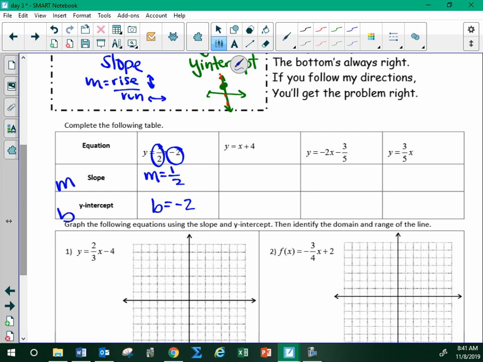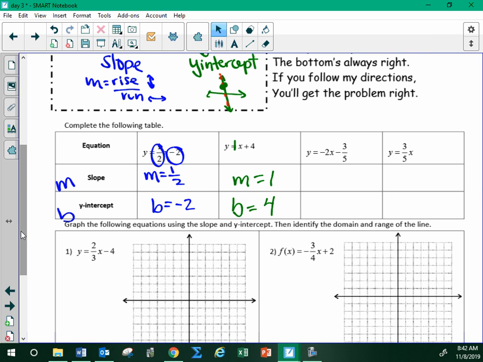Alright, for our next one here, remember we want the number in front of our x. When there's no number listed there, that means our number is 1. So my slope here is 1. What is my b value, my y-intercept? 4. And notice it's a positive 4. Good.